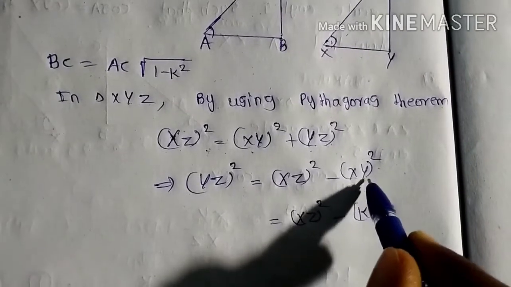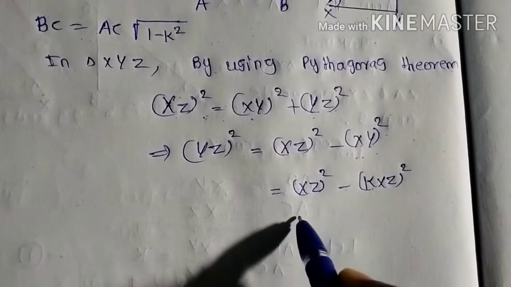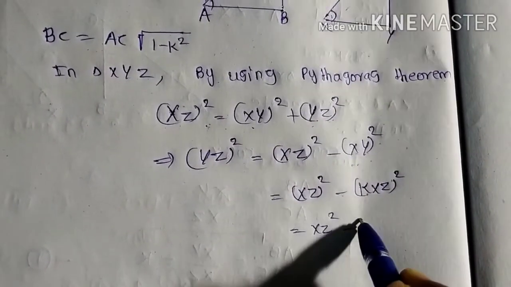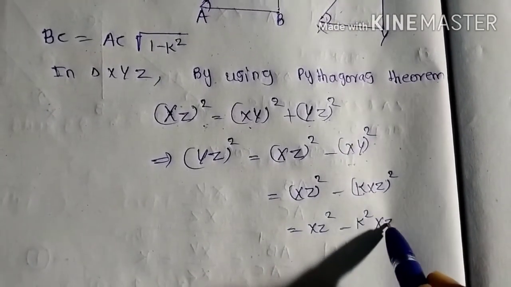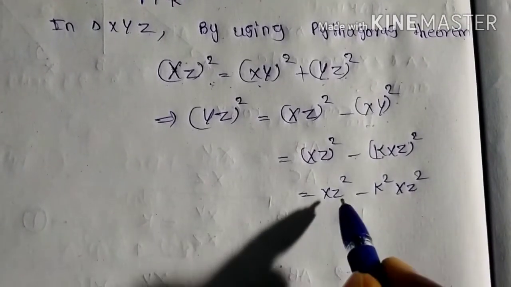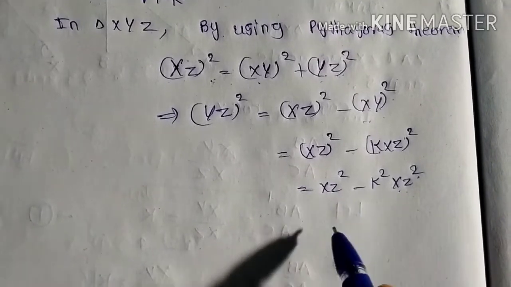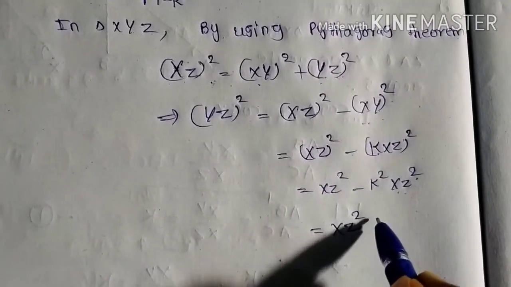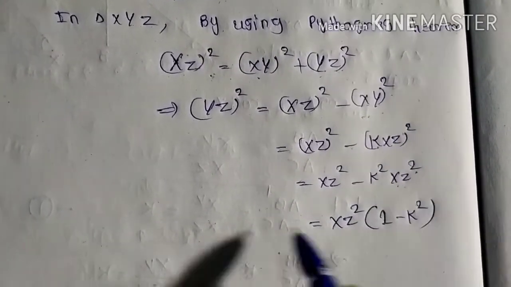You can write here XY as K into XZ. Now you can do here square. See here XZ square minus here K square into XZ whole square means XZ square only. Now we can see here XZ square, here also XZ square, so that you can take it as common. XZ square, if I am taking common, you will get here 1 minus K square.